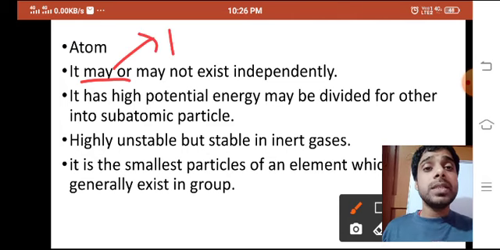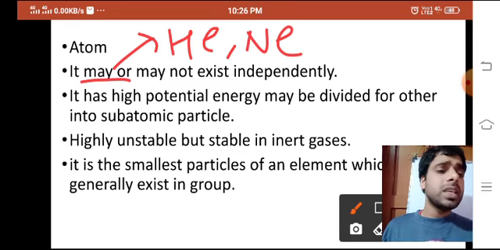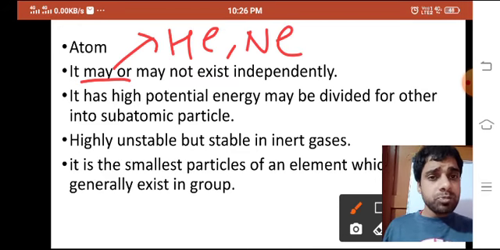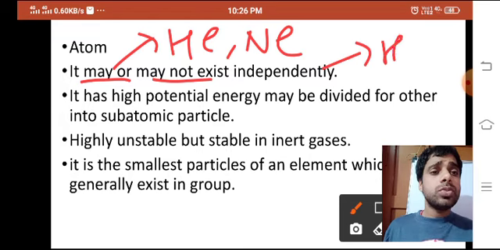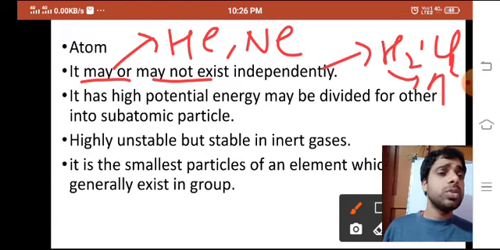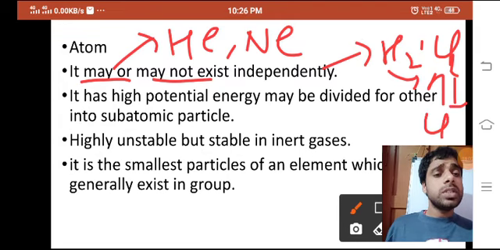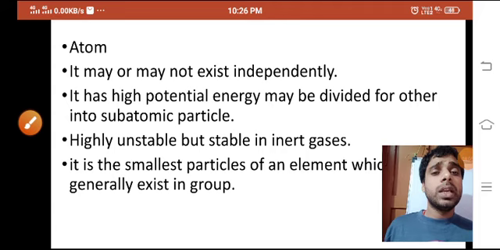In "may exist", helium would be there, neon, argon, krypton, xenon, radon would be there. "May not exist" means H2, Cl2. Have you ever seen only hydrogen? No, you cannot see. You cannot see Cl alone like this. Okay? So this is the thing you have to understand.